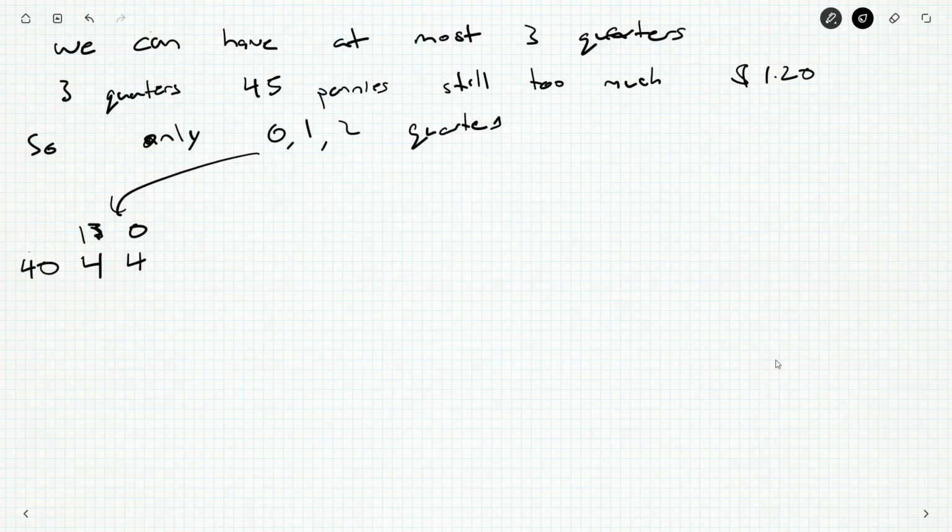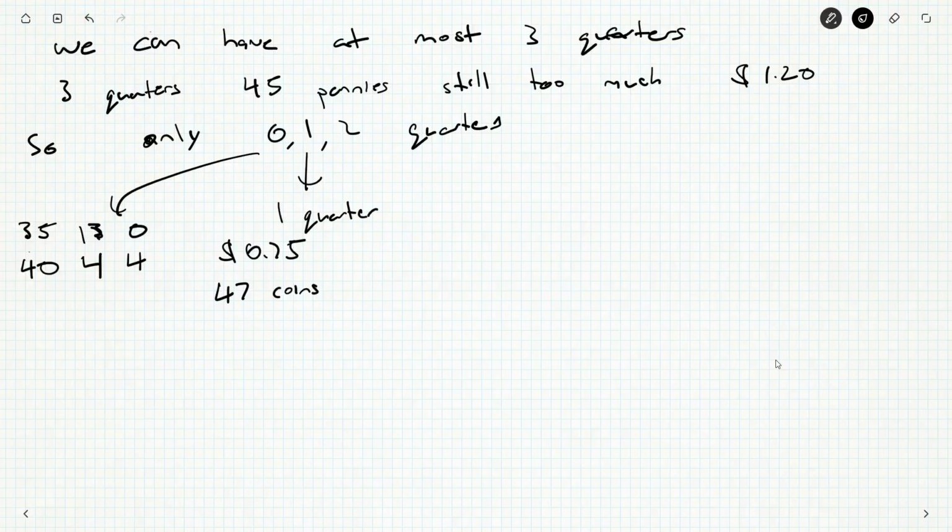Now, if we had only 1 quarter, we have 1 quarter, that would mean that we have 75 cents left to make up with, just with pennies, nickels, and dimes. Okay. And we'd have to use 47 coins.